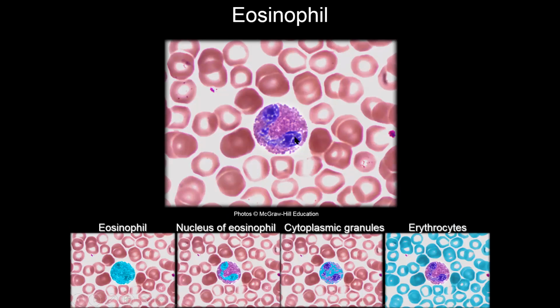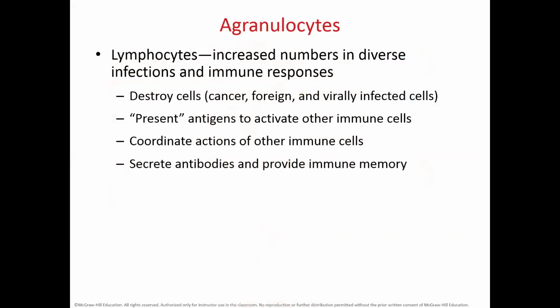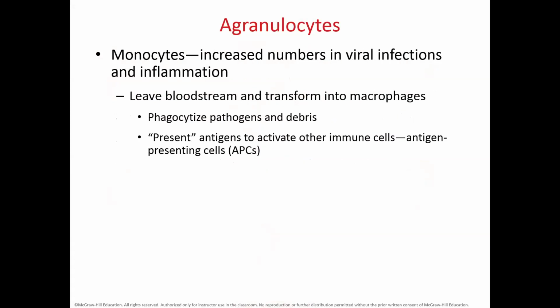And just different views of the eosinophil. And for basophils, the nucleus is rather large. And then I don't have the agranulocytes. I don't think I have a good picture of those, but I'm pretty sure it was in your reading. So I'm going to stop sharing this and go to our formal notes.